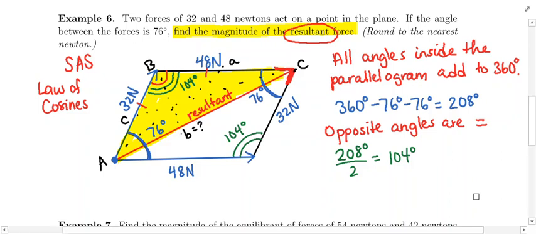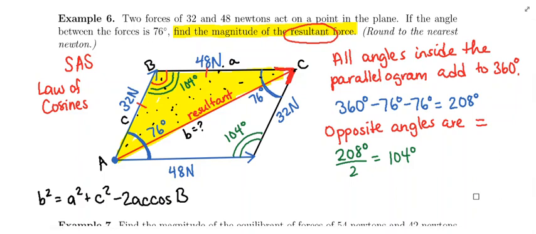Since we're solving for b, we're going to use the version where you solve for b squared. This is going to be a squared plus c squared minus 2 times a times c times the cosine of angle b. That's what we need to plug into, and then that will pretty much give us the resultant force.